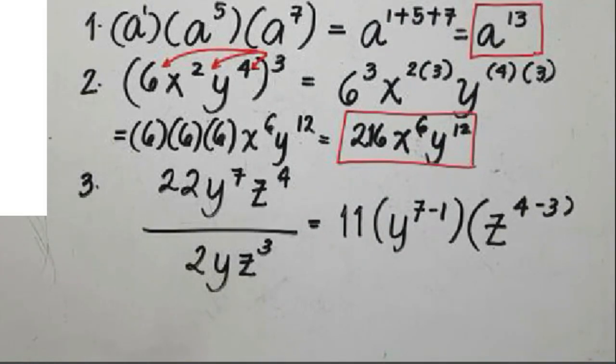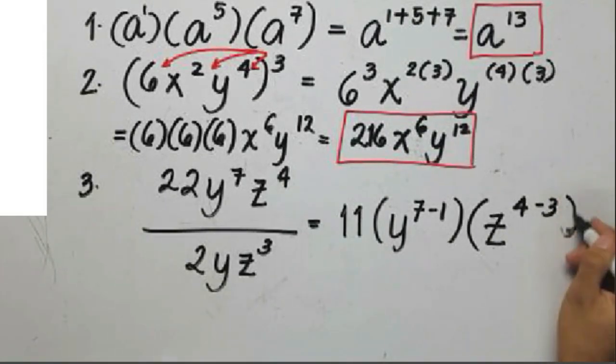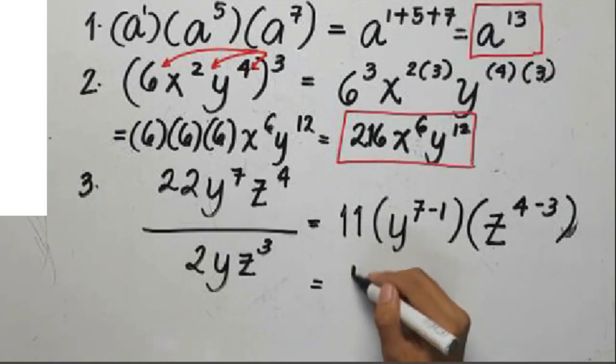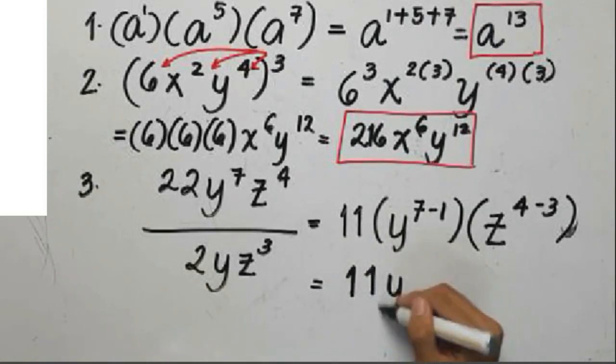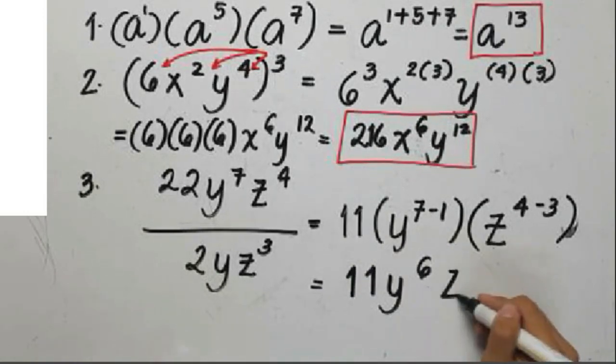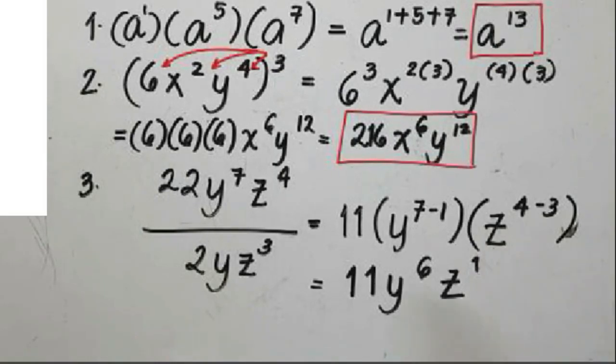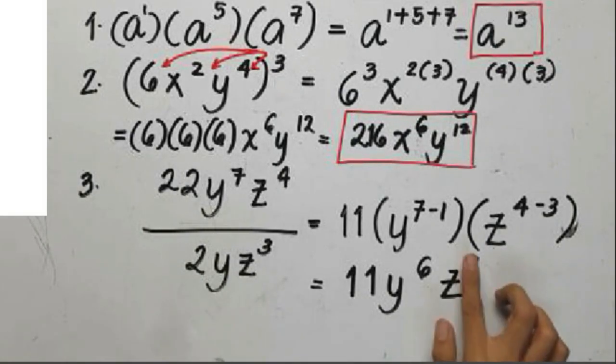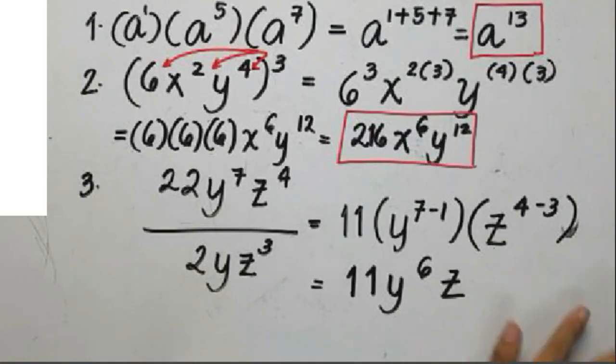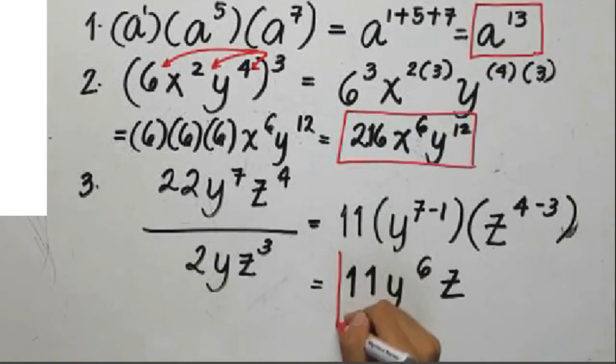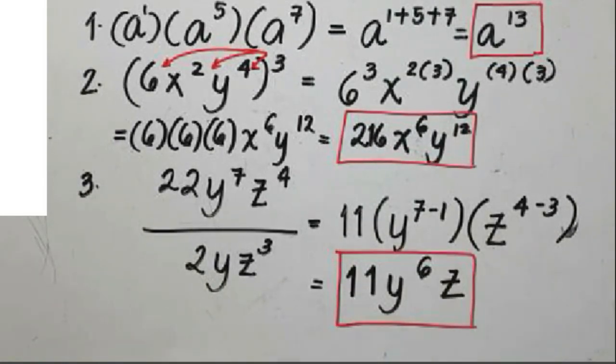Okay? So, this is just equivalent to 11 y raised to 6 z raised to 1. Or, di naman na kailangan tong 1. So, this will be your final answer. Okay? So, I will give you time to copy this one.